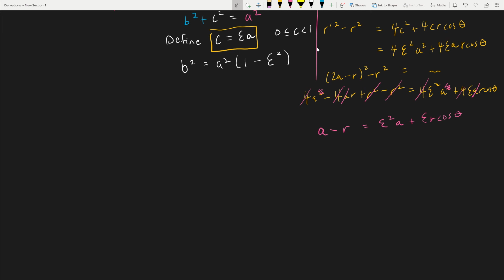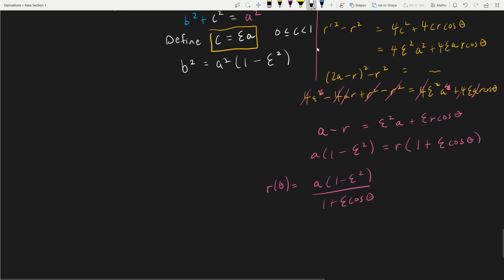Let's move everything over. We get a outside of (1 minus epsilon squared), and on this side we get r outside of (1 plus epsilon cos theta). Rearranging for r, we find that r equals a (1 minus epsilon squared) over (1 plus epsilon cos theta), where r is a function of theta.